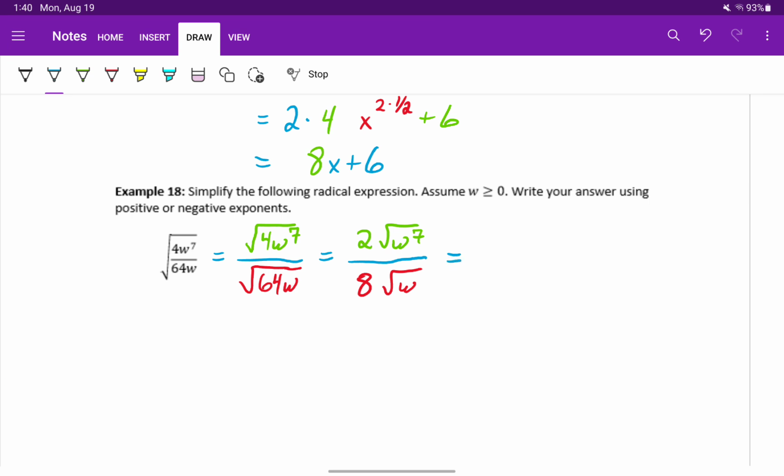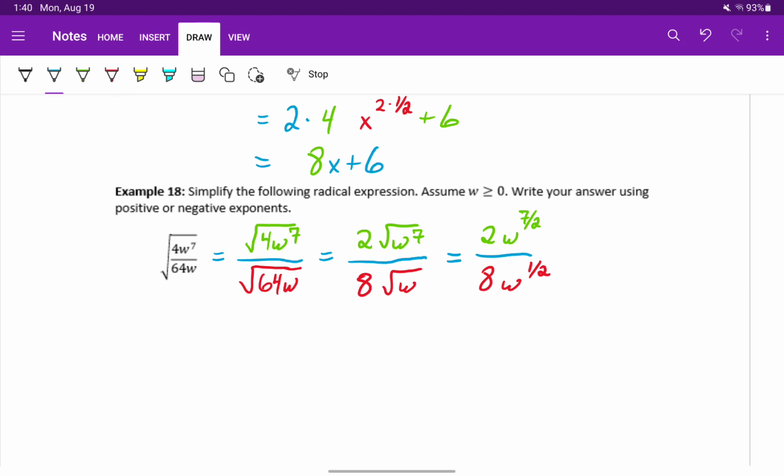Using the same techniques that we used above, we can rewrite this as 2 times w to the 7/2 power, since that's w to the 7th times the 1/2 power, over 8 times w to the 1/2 power.